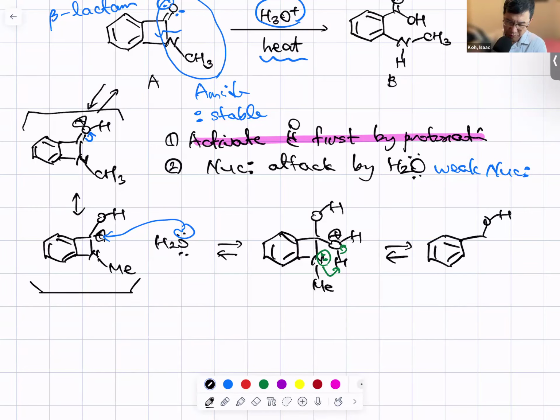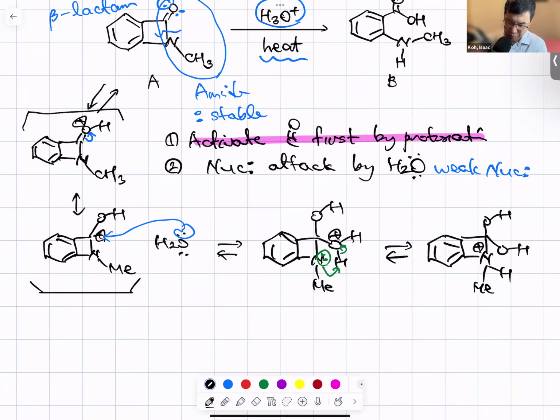Here OH and again OH, and this nitrogen, let me draw it again. This nitrogen, oops, here 2H, and this nitrogen is now protonated with a positive charge.